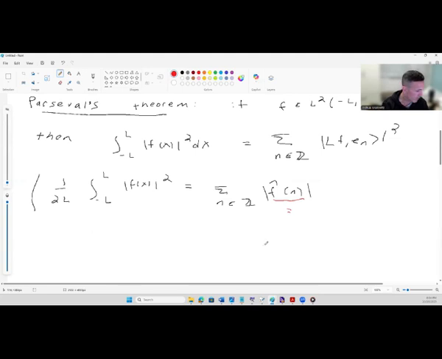Where this is going to be 1 over 2L, integral from minus L to L. So it's obviously the same thing in that second.